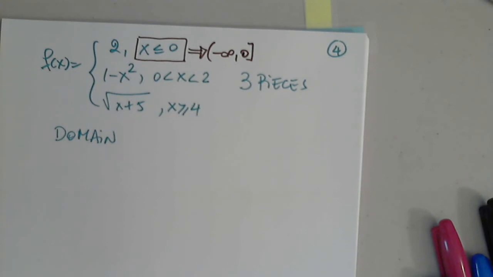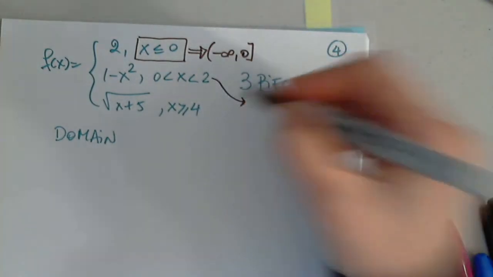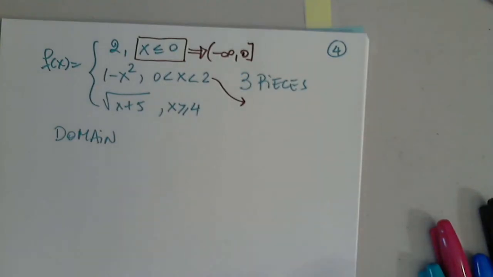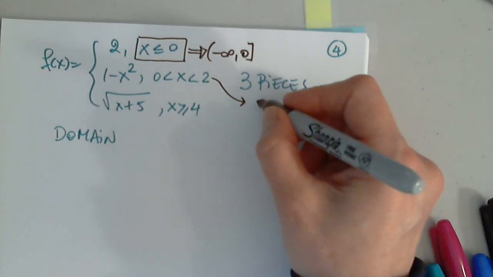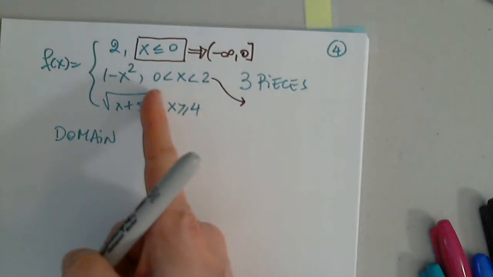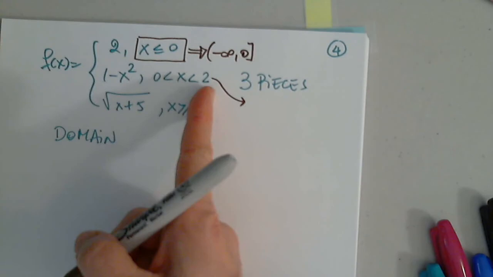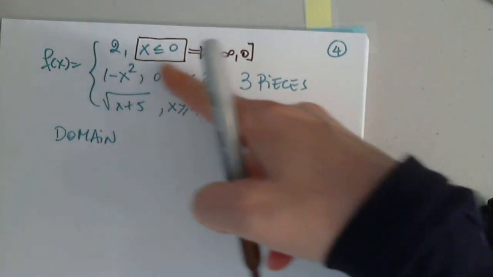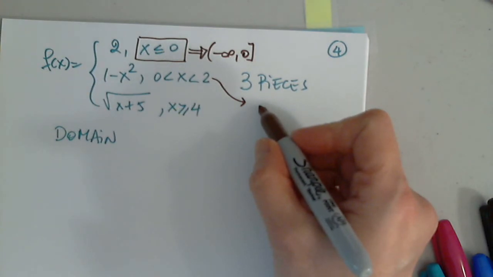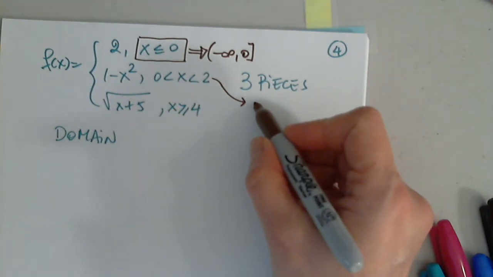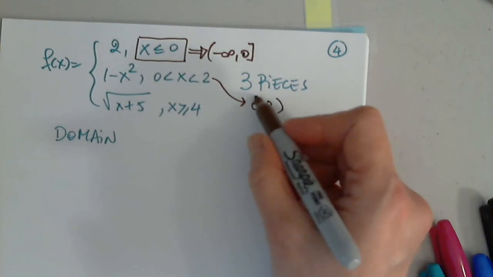Let's say Mark. We are talking about x between 0 and 2. We are talking about the middle branch. Zero to 2, correct?